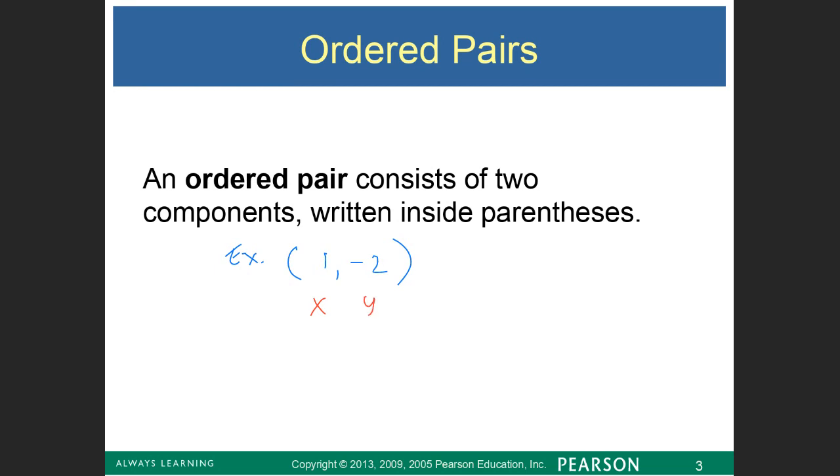So what do you mean by x? X is the x-coordinate in your rectangular coordinate system. Let's say you have that vertical axis, that's your y-axis, and the horizontal axis would be your x.